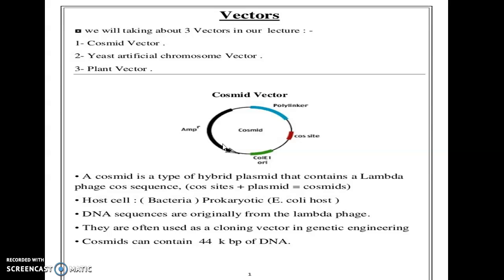So when plasmids and bacteriophages fail to become a vector to carry the foreign DNA, the cosmid is used as a vector to transfer the foreign DNA to other organisms.